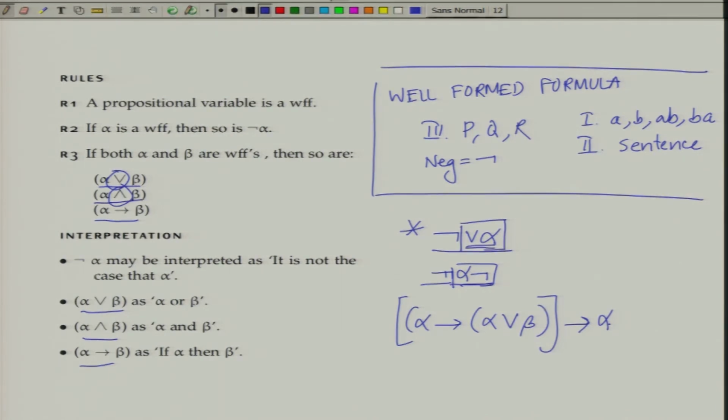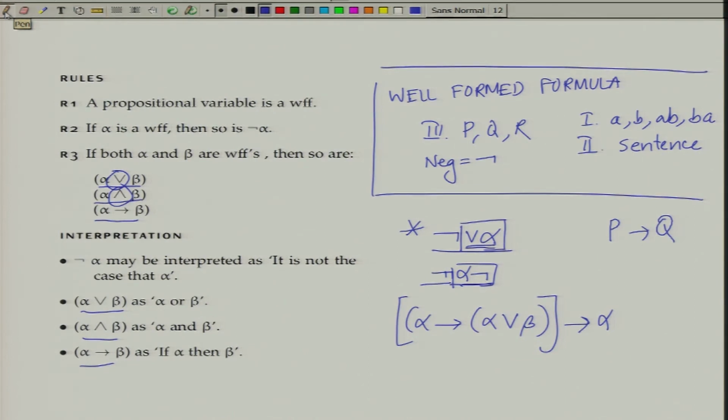So the point is this: when I write P implies Q, I come up with something that belongs to my logical system, because P is a propositional variable of my system.